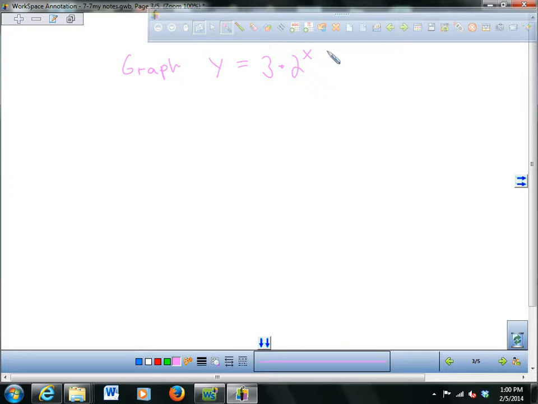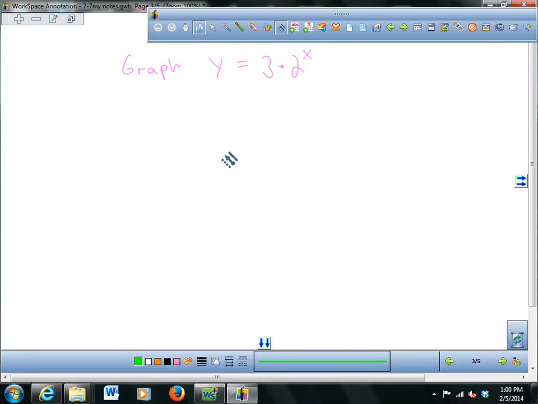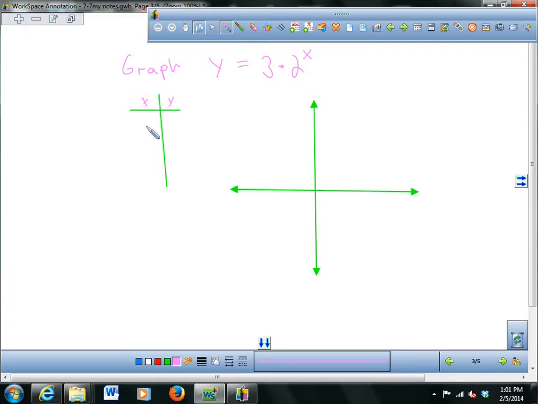You do it just like you're doing a table for any type of graph. I'm going to make an x and a y, make some lines here, and pretend that it's to scale. And I'm going to plug in the numbers.